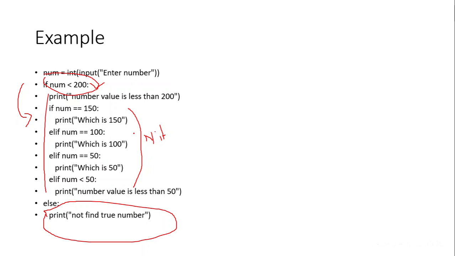It's a simple print statement. If number equals 100, then it prints that the number is 100. If number equals 50, then it prints that the number is 50. And if number is less than 50, then it prints that the number value is less than 50.